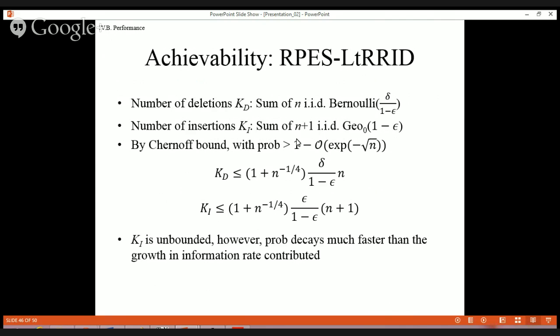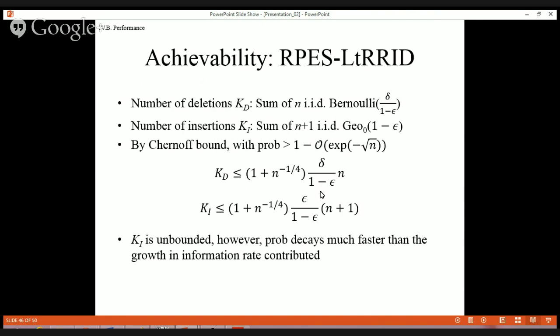Hence, with probability 1 minus the order of e to the power minus square root n, ki and kd can be concentrated not far away from their expectations.